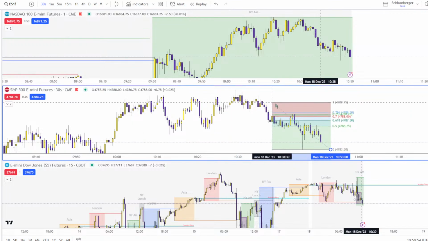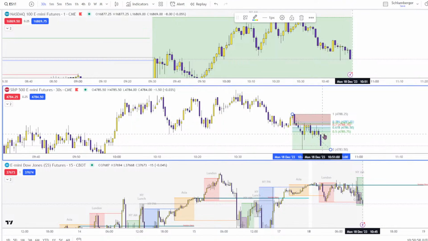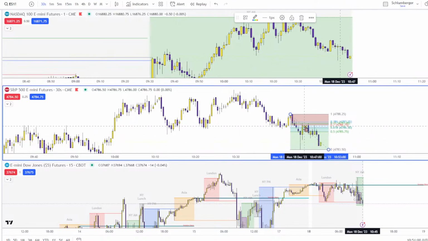Very nice. If you take the swing point up here, that was a 79% retracement, or 75% retracement, right on the money. 70%, just short of 62, and then continuation.